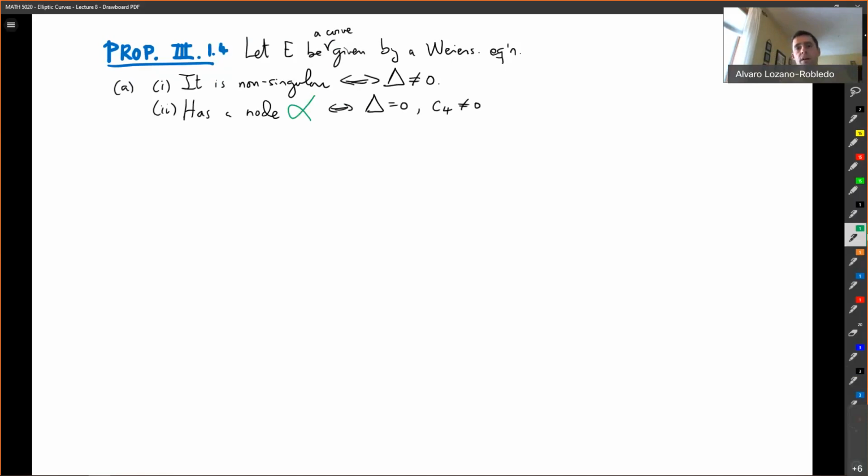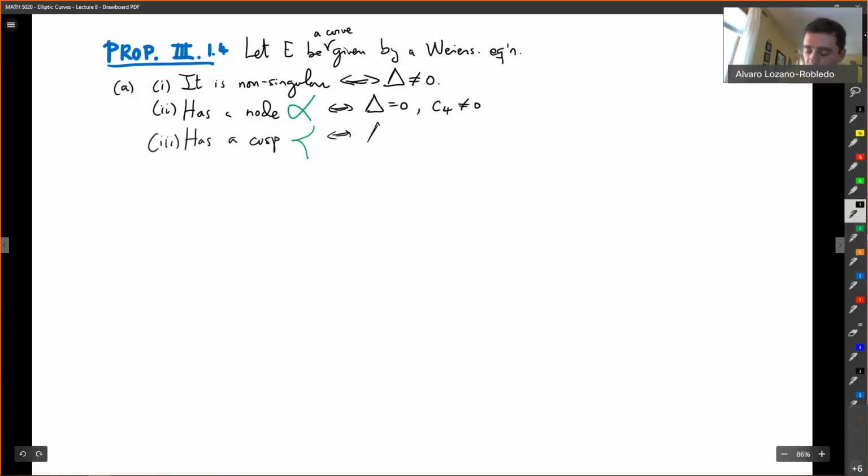There is going to be a crossing on your curve. And it has a cusp, which looks like this, a singularity of that type, if and only if delta is 0 and C4 also vanishes.